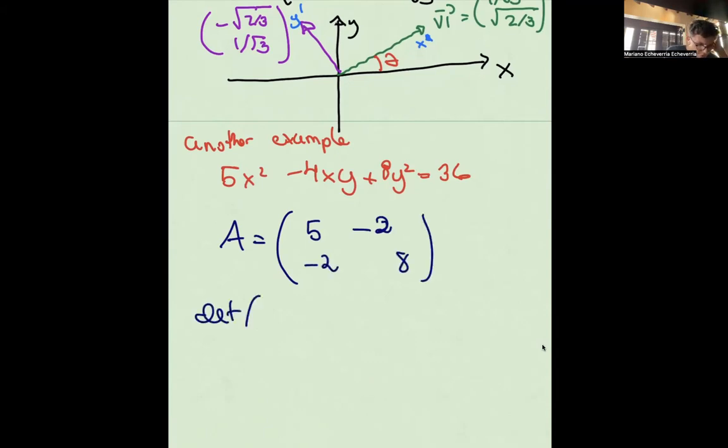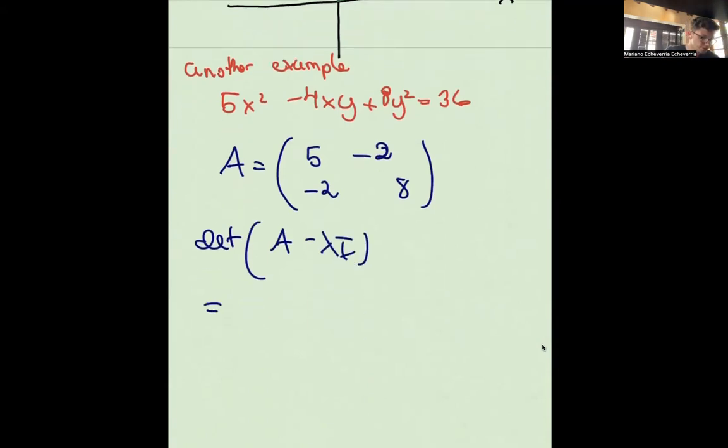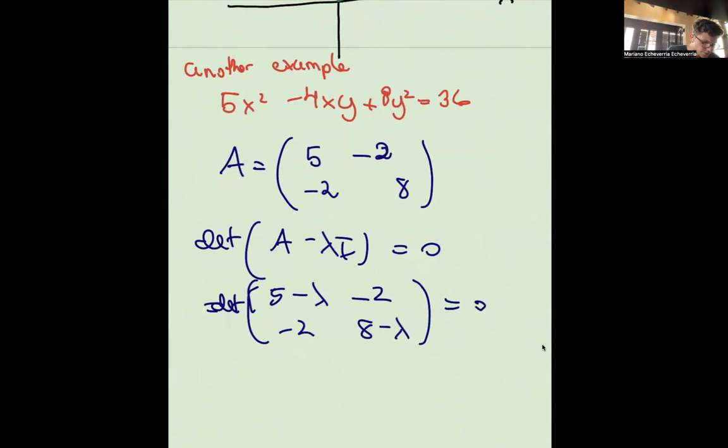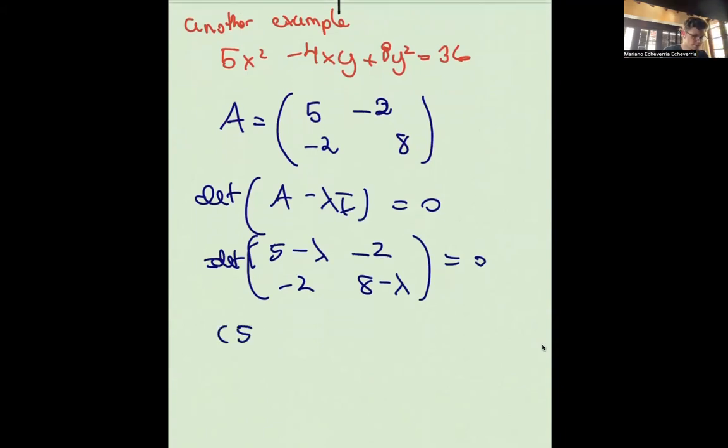So what are the eigenvalues? You look at the determinant of A minus lambda I and set it equal to 0. So this is the determinant of 5 minus lambda, minus 2, minus 2, 8 minus lambda, equals 0. So it gives you 5 minus lambda times 8 minus lambda minus 4 equals 0.